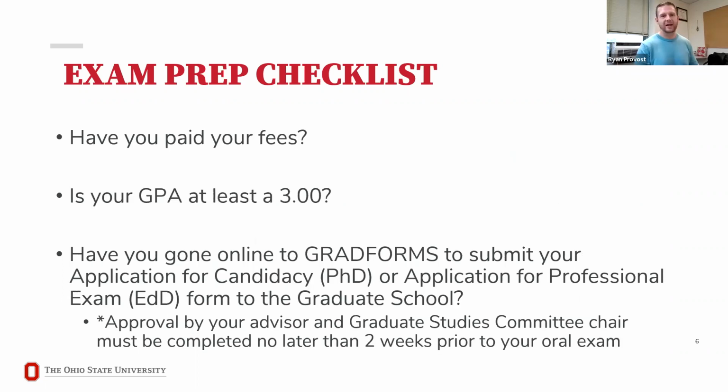You'll need to make sure you've paid any fees that are on your student account. You need to have at least a 3.0 GPA, which is required by the graduate school. You need to go online to grad forms to submit your application for candidacy if you're a PhD, or if you're an EdD, your application for the professional exam.